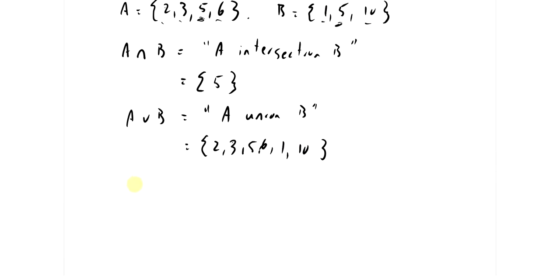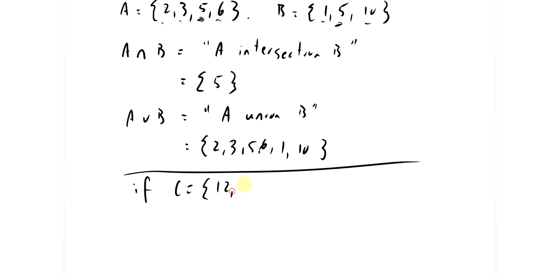Great, if we set C equal to 12, 14, 18, then what's C intersection A? Well, what is everything that is in both C and in A at the same time?